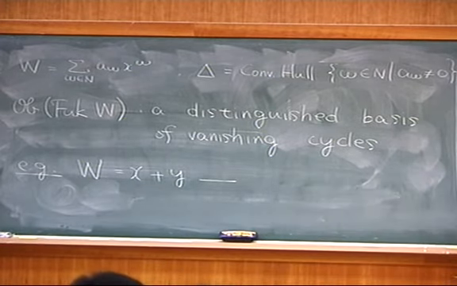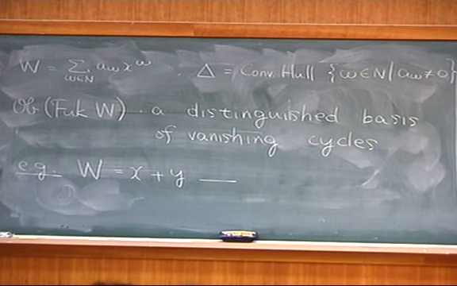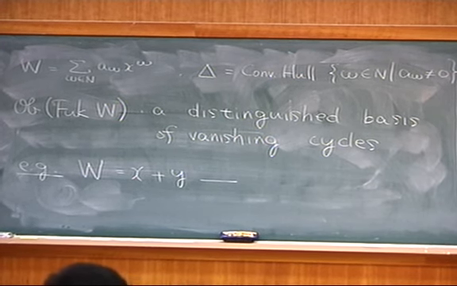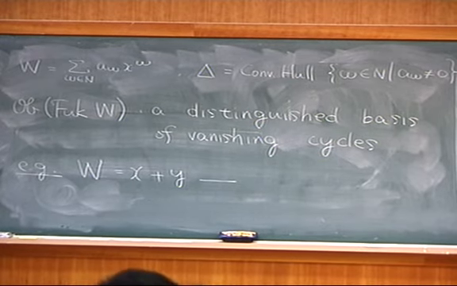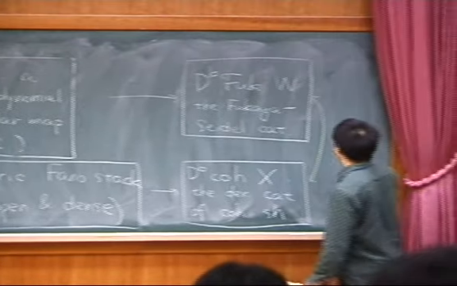One thing I have to say. The homological mirror symmetry that I'm going to discuss today is an equivalence of triangulated categories, or triangulated infinity categories, between these two categories.